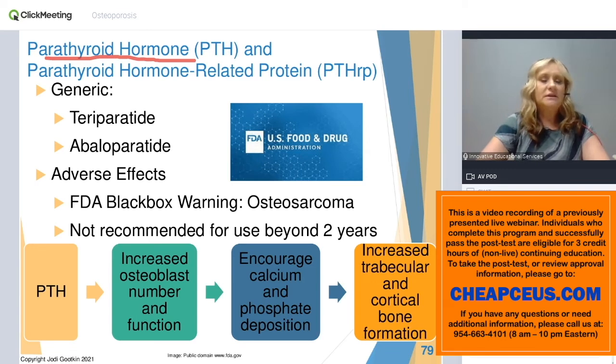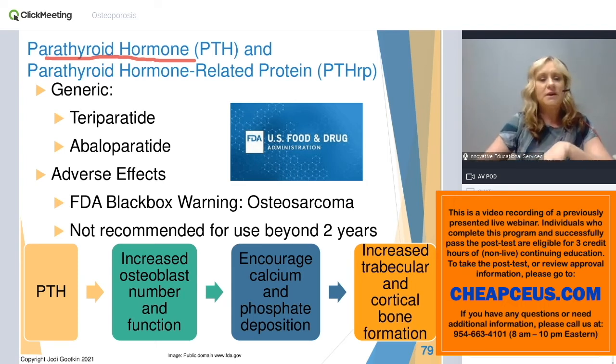Forteo and Tymlos are some of the brand names that you might hear. These are synthetic forms of the parathyroid hormone that the individual receives. And usually we know that parathyroid hormone is going to function to maintain the calcium homeostasis in the blood.